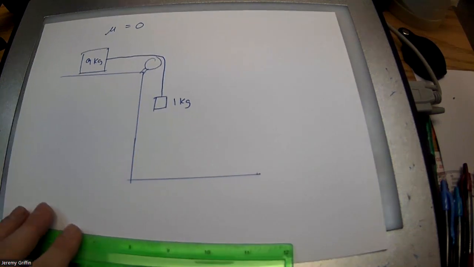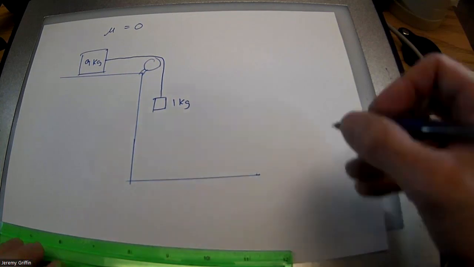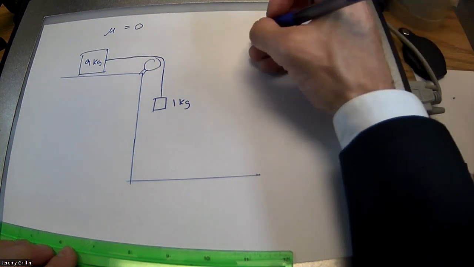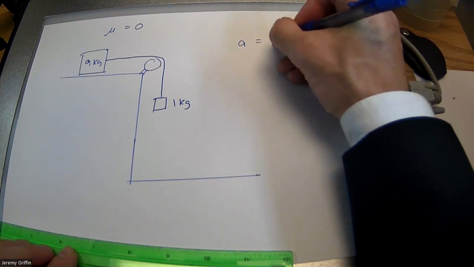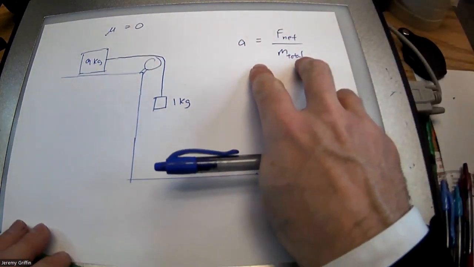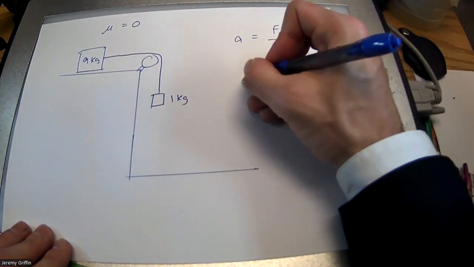Give you guys a head start here. So hope you guys are pretty close. You do acceleration as net force on total mass. Right? So that's Newton's second law of motion. Even if it was a double Atwood, you could still start with that. Okay.